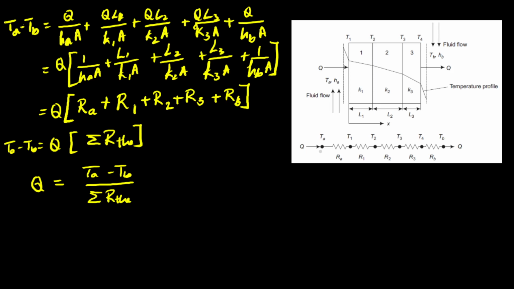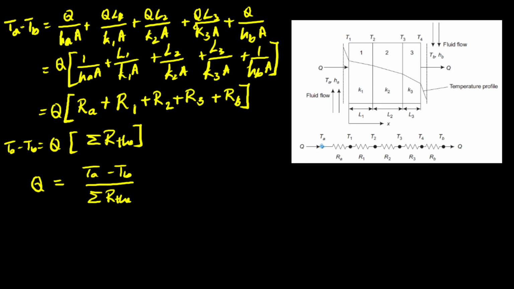So in this circuit we have 1, 2, 3, 4 and 5 resistances. These 5 resistances are due to convection, then conduction through slab 1, slab 2 and slab 3, and convection at the end.